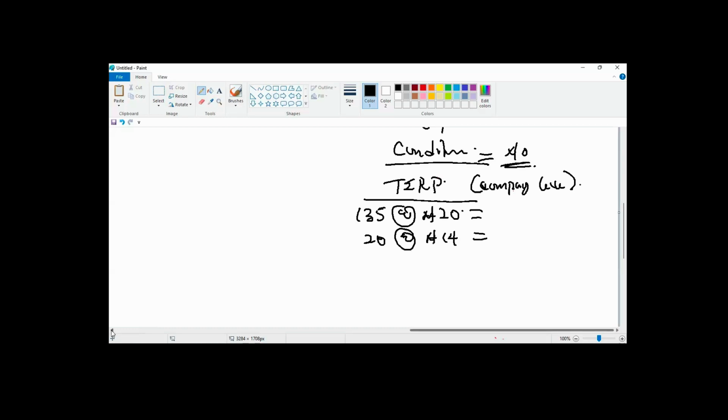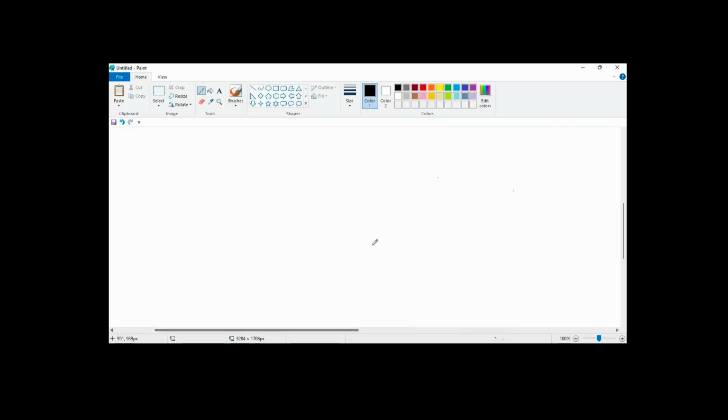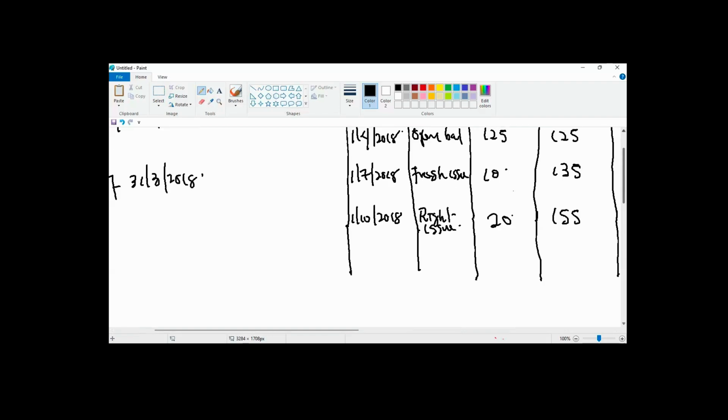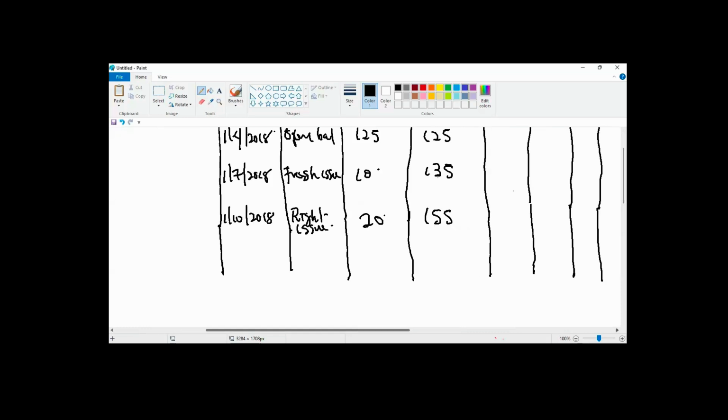Look at the table. It's 135, sorry, 135 is before you give us 20. Are you not seeing it? I will say 135 at 20 naira, and 20 at 14 naira.